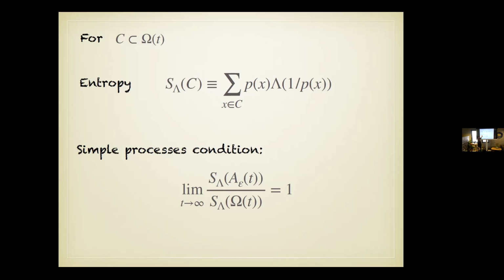So we say now, okay, the entropy measure of the set C, where C is again a subset of the sample space, is simply the sum over the paths in C, and you take the expectation value over the subset of lambda of 1 over p(x). So this is how we define lambda entropy.